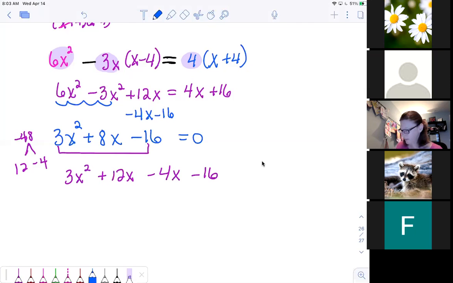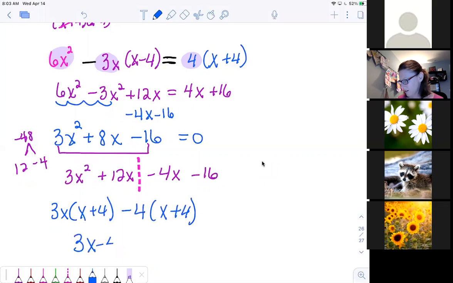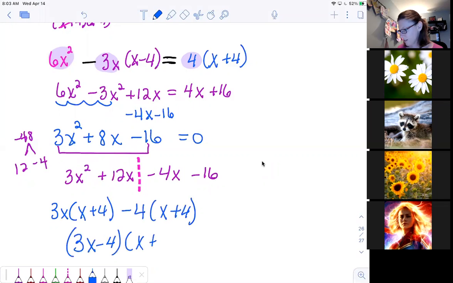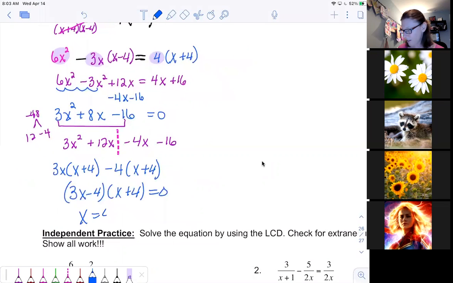Grace, what do you think? Is this where you would group the first two numbers together and the second two? So the first two, you could pull out a 3x and then you'd have in parentheses x plus 4. And then the second one, you could pull out a negative 4 and you'd have x plus 4. Nice job. And then if we pull them together, we have it factored. Set it equal to 0. And I have a solution at 4/3, and a solution at -4. So that's the AC grouping process.